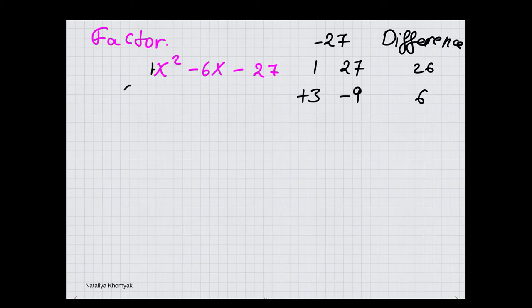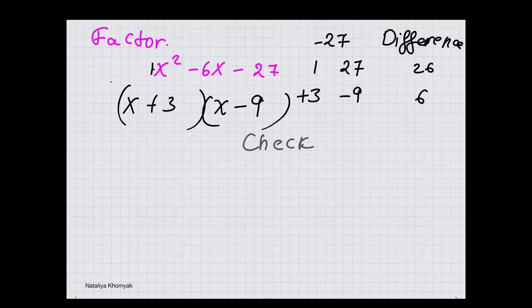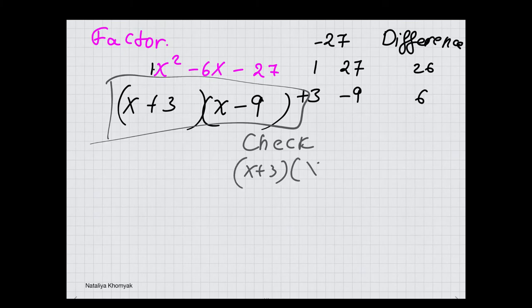My solution for this will be, using the shortcut, x plus 3, x minus 9, or x minus 9, x plus 3, those are the same. Since I am using a shortcut, I am going to check. I want to check that x plus 3 times x minus 9 gives me the original problem back.